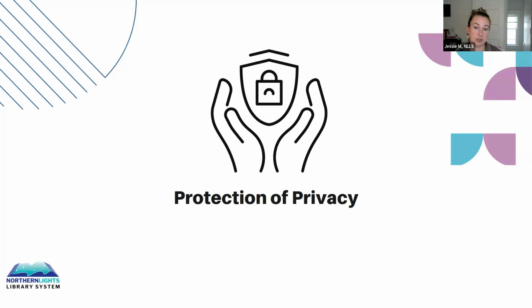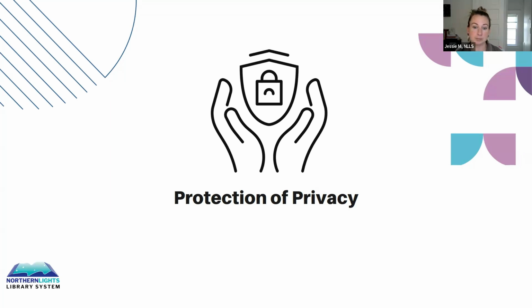Third-party disclosures need to have particular care taken. This means that when sharing patron data with a third party, they must ensure that the disclosure is authorized and also necessary, and they share only the minimum amount of personal information necessary to achieve the purpose.